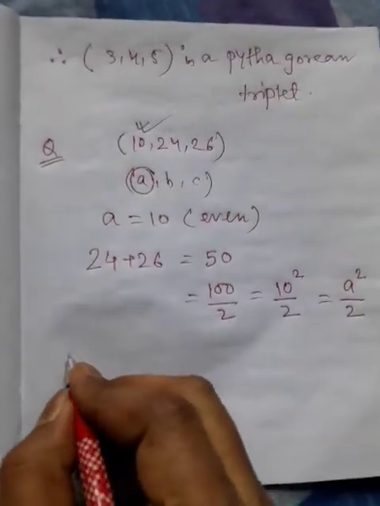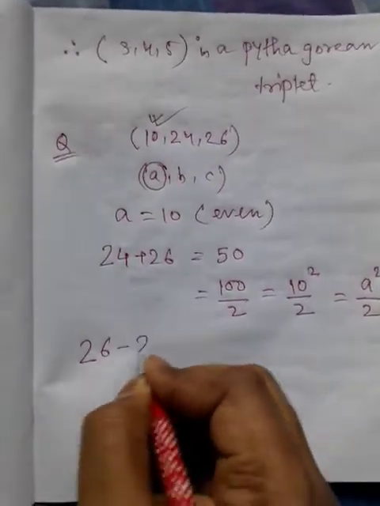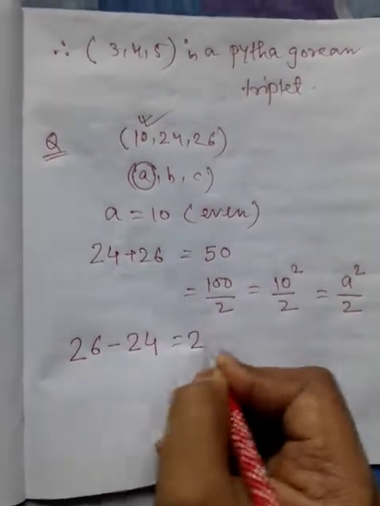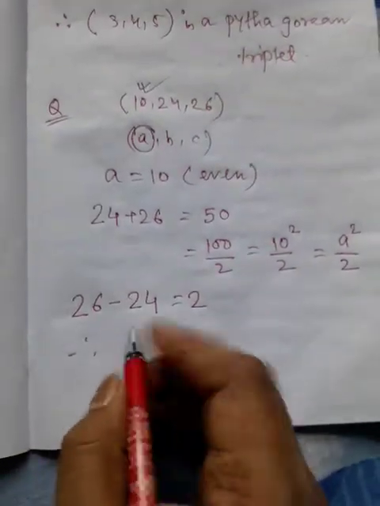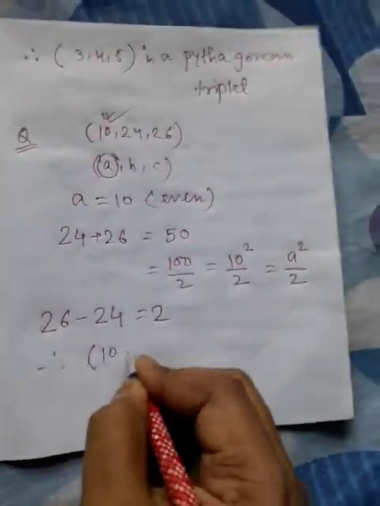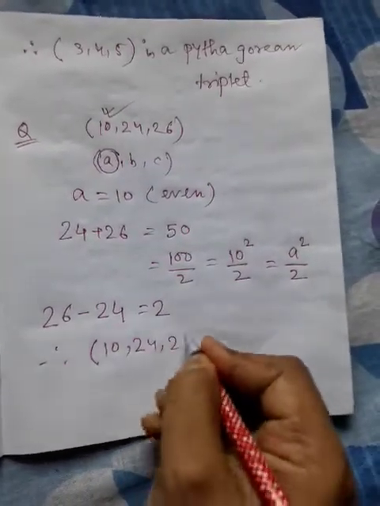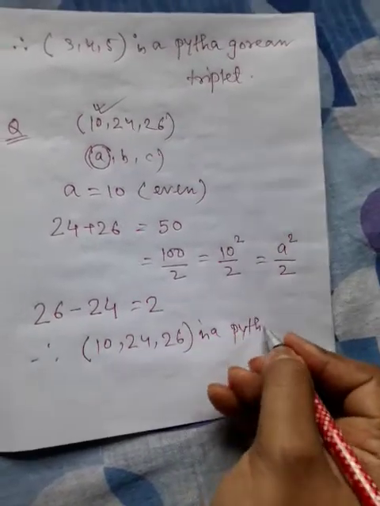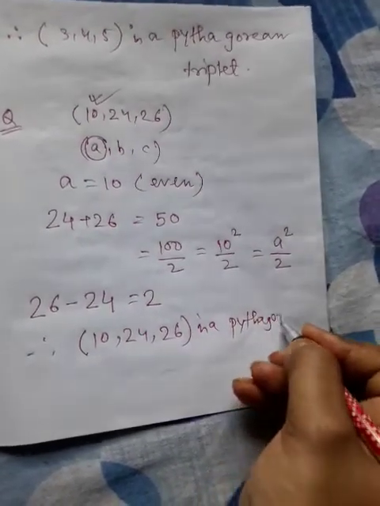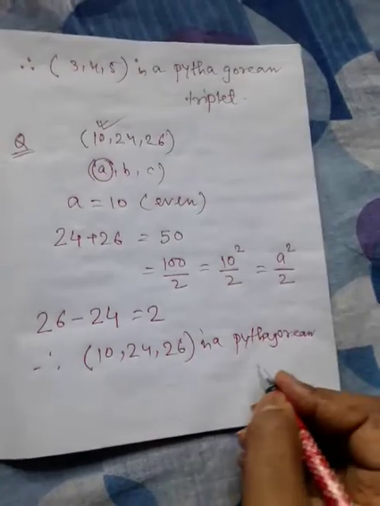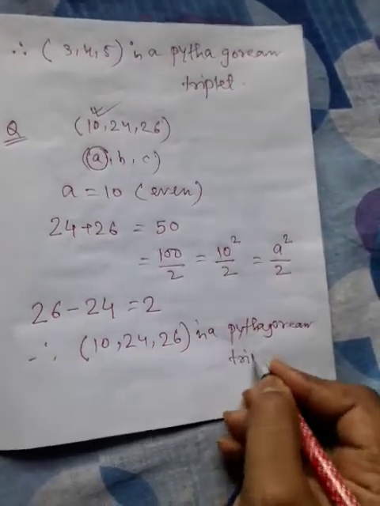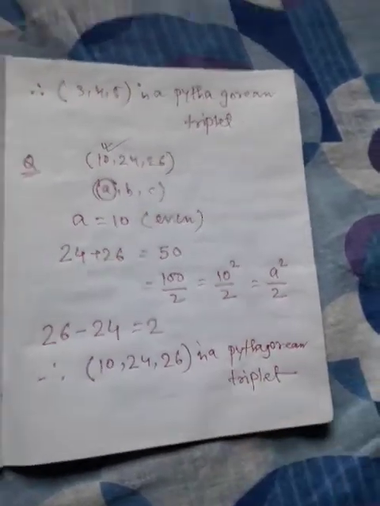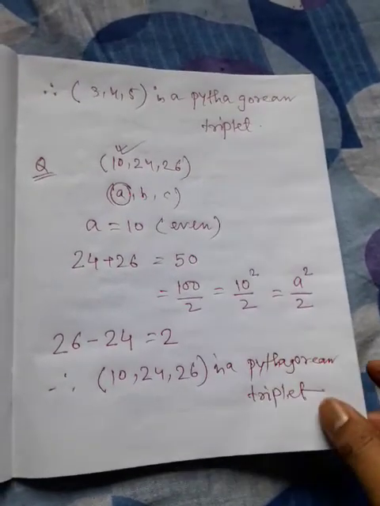The difference of 26 and 24 is 2. Then we can say that 10, 24, 26 is a Pythagorean triplet.